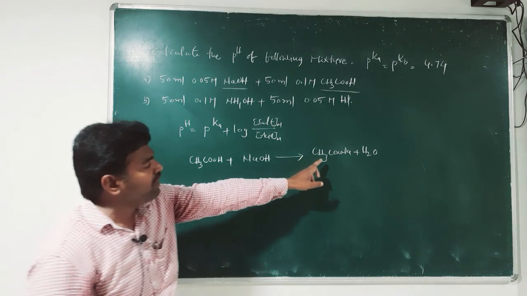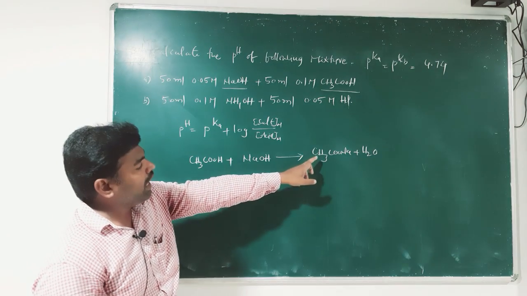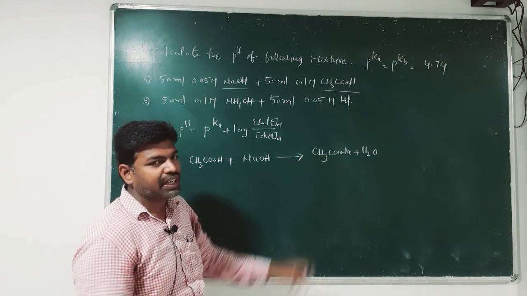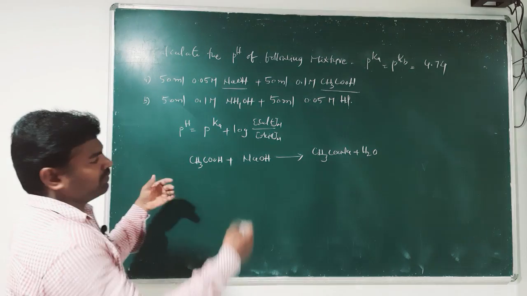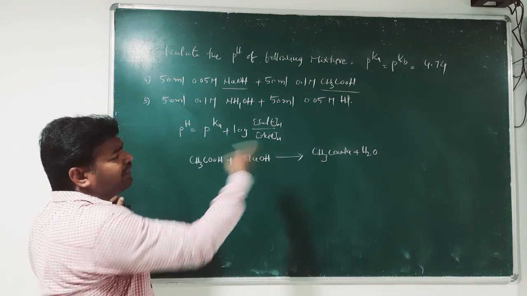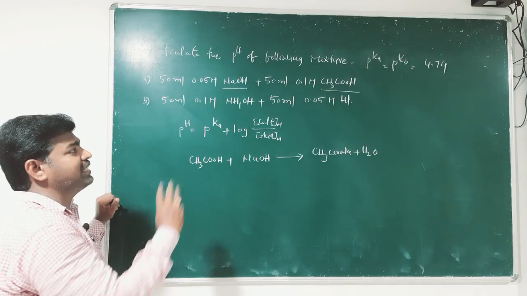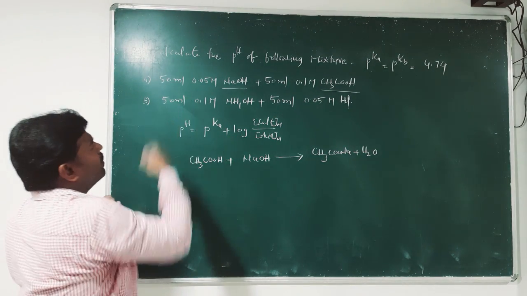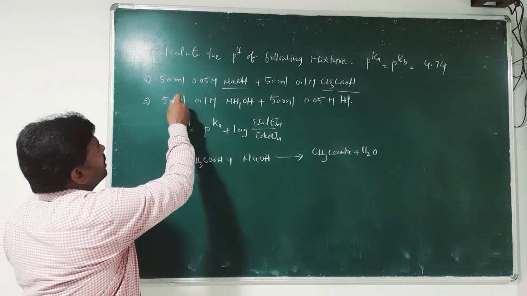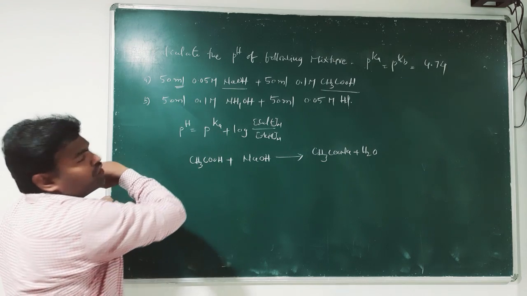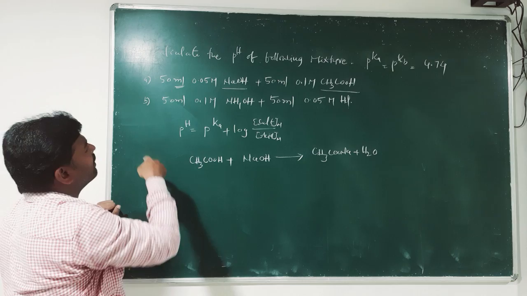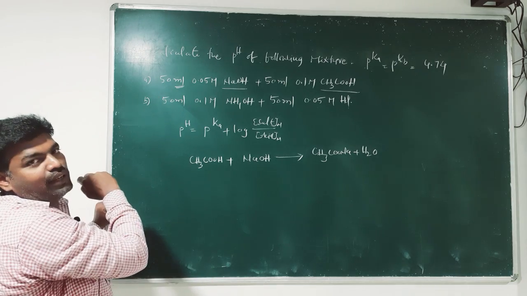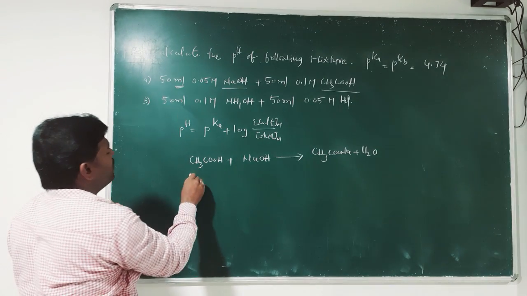How can we know the sodium acetate salt concentration? By writing down the chemical reaction that is taking place between acid and base. So what are the millimoles? Because they have given the volume in ml, we can calculate the millimoles.